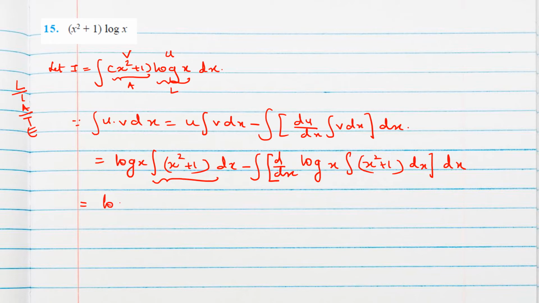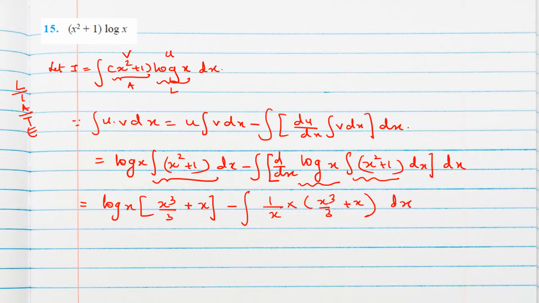So directly we can write this as x³/3 for the first term, and for the second term the integral of 1 dx is x. For the log x, the derivative of log x is 1/x, and for this again we write x³/3 plus x, then the whole integration.